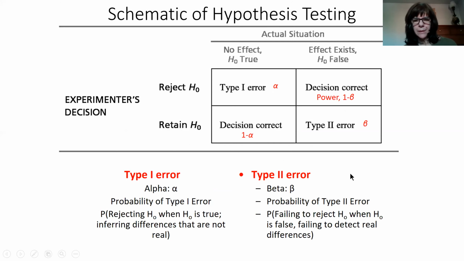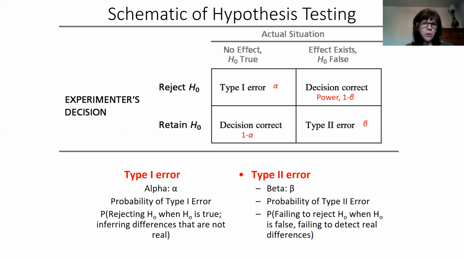So hoping you can see this. And okay. So what power is all about is your probability of avoiding a type 2 error.